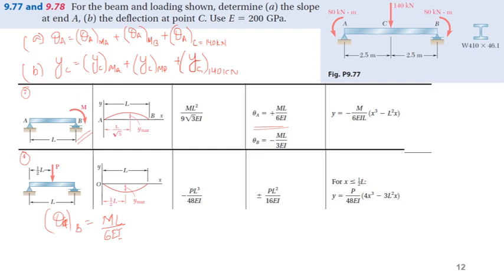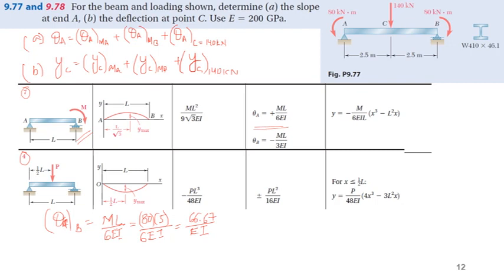And M we know is 80 kilonewton meters and L is 5. So 80 multiplied by 5 over 6 EI, so we can write 66.67 divided by EI, and that will be in terms of 10 to power 3 as well.